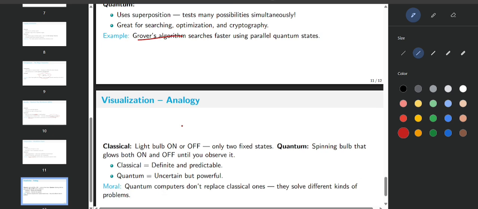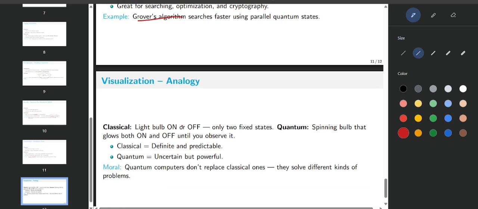From a visualization point of view, a classical bit is like a light bulb, either on or off. But a quantum bit is like a spinning bulb that glows both on and off at the same time until you observe it. Classical computers are definite and predictable; you always know what you will get.